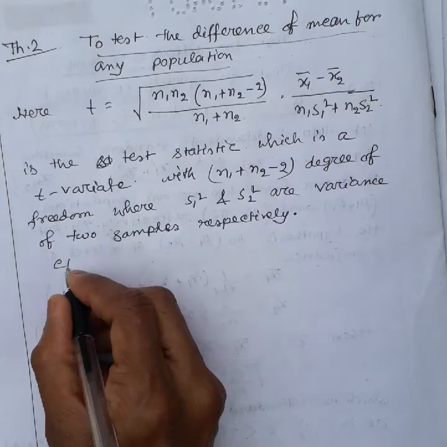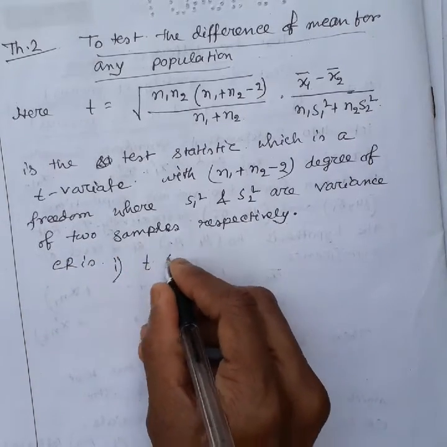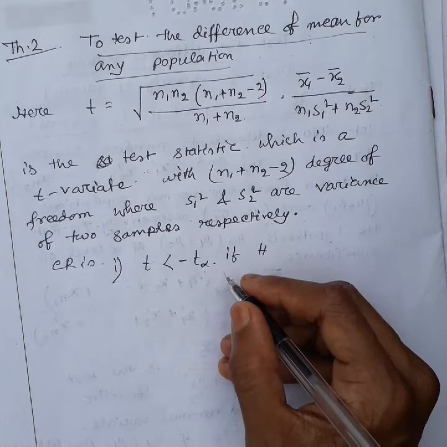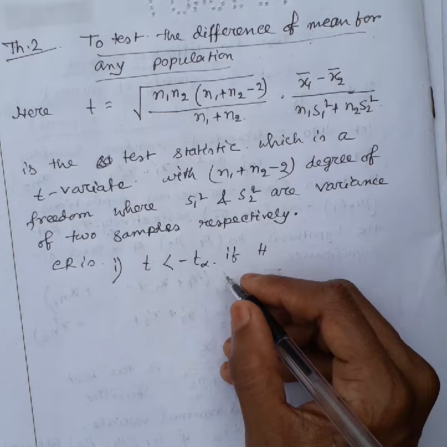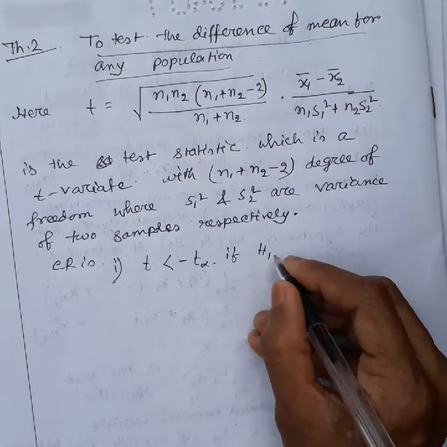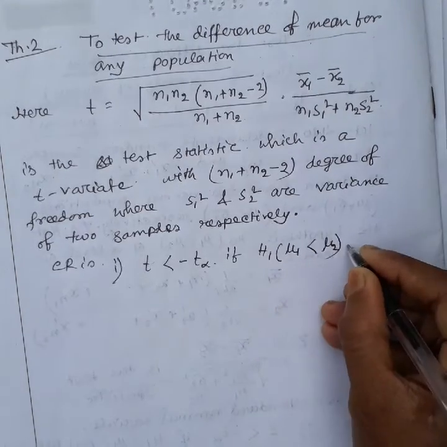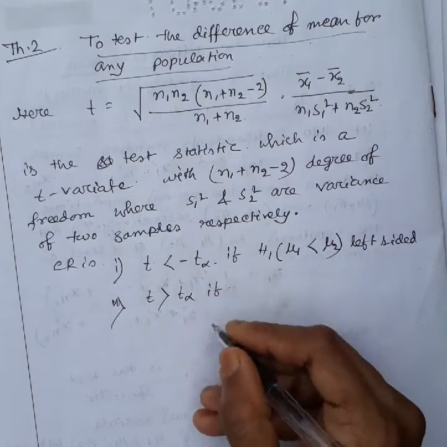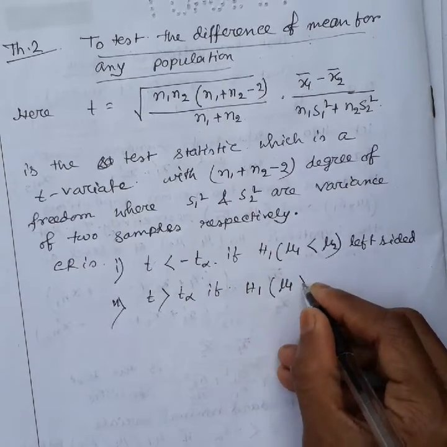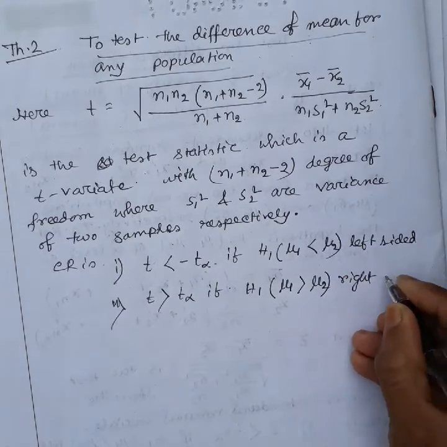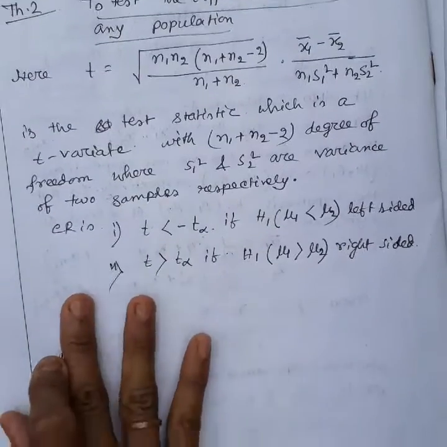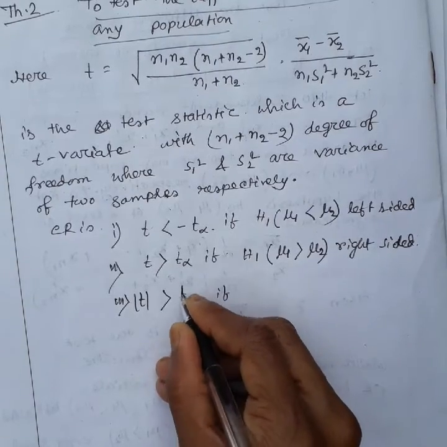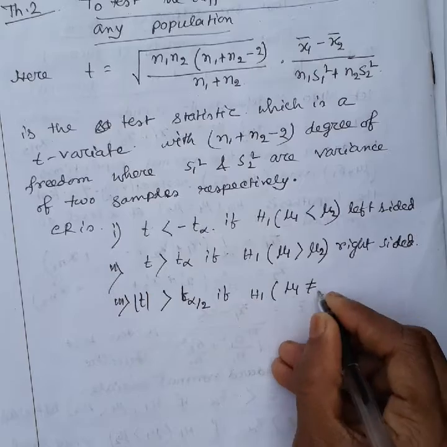And from here the critical region is: one, t less than minus t alpha if H1, that means mu1 less than mu2, which is left sided; two, t greater than t alpha if H1 is right sided, that means mu1 greater than mu2; and three, mod of t greater than t of alpha by 2 if H1 is both sided, that means mu1 not equal to mu2.